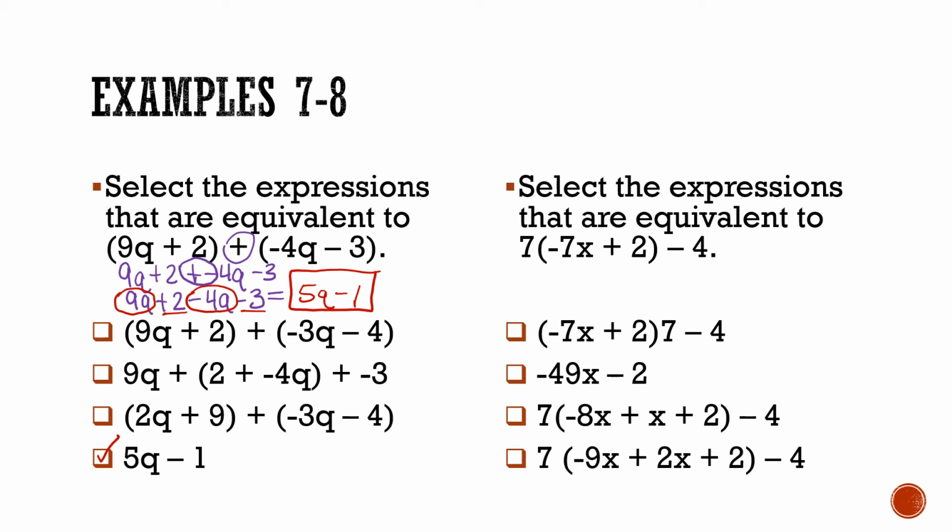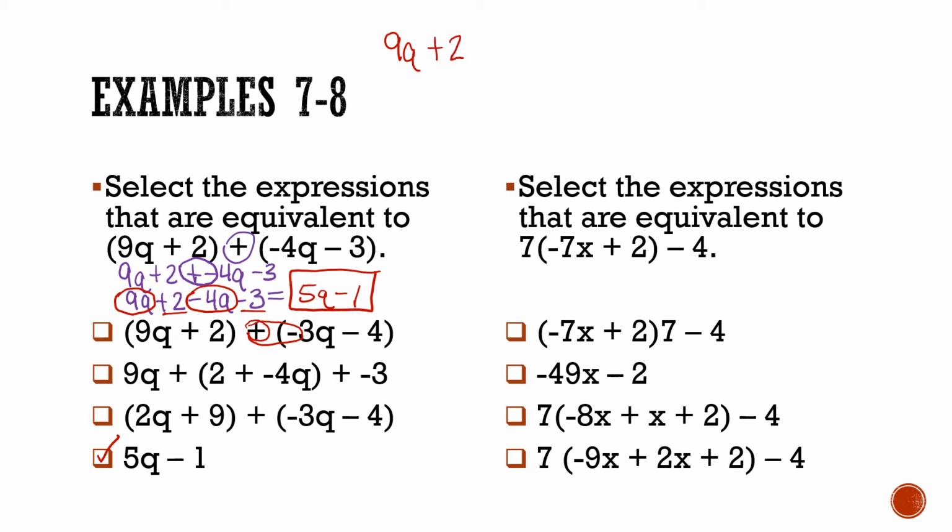So let's check the first answer choice, 9q plus 2 plus negative 3q minus 4. So remember, whenever that plus sign is right here, we can just bring everything down. And when we bring everything down, we're going to end up with signs right here. So we're going to rewrite that as 9q plus 2.